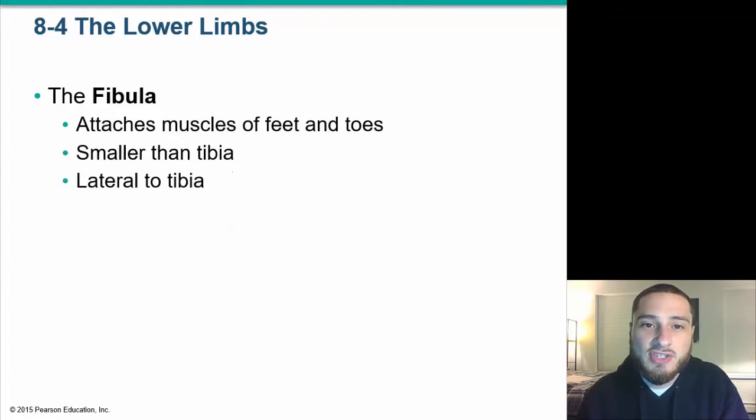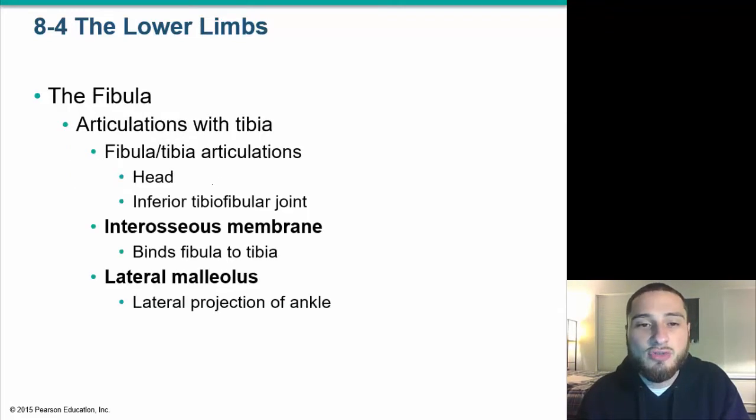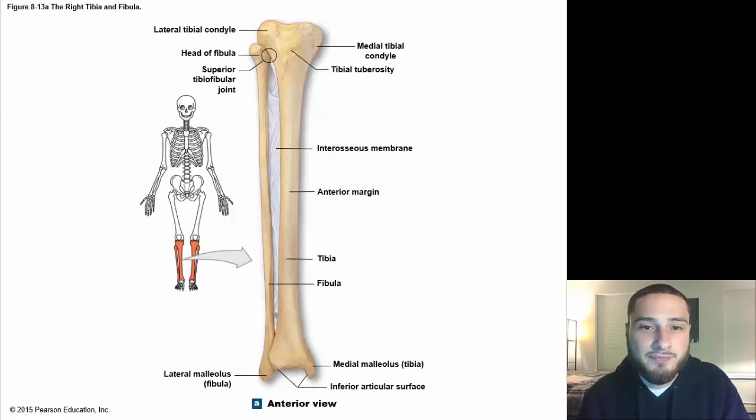The fibula attaches the muscles of the feet and toes, is smaller than the tibia, and is lateral and posterior to the tibia. The fibula forms your lateral malleolus. Just like you have a bump on the inside of your ankle, on the outside you also have a bump, the lateral malleolus formed by the fibula.